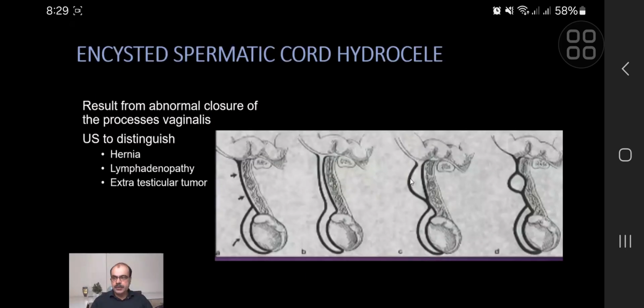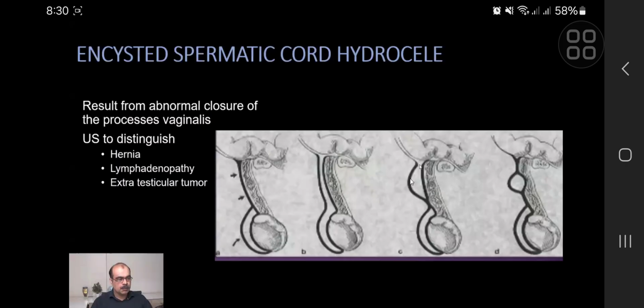This can also present with a swelling in the inguinal region. Once the testis has descended into the scrotal sac, the processus vaginalis closes itself. But sometimes you can have different varieties of persistent processus, like a cyst extending anywhere within the inguinal canal or the scrotal sac.